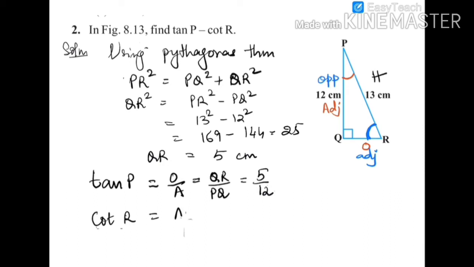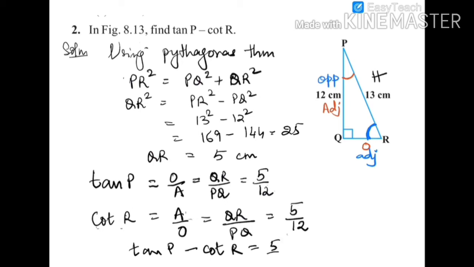So cot R is adjacent upon opposite. So this is equal to QR upon PQ, and that is again equal to 5 upon 12. So tan P minus cot R will be equal to 5 upon 12 minus 5 upon 12, and that is equal to 0.